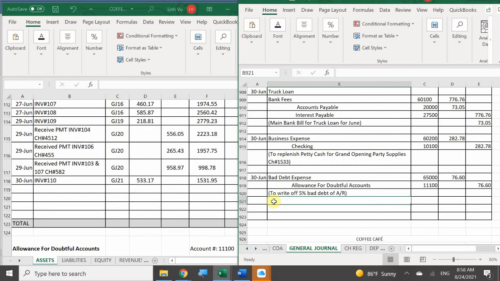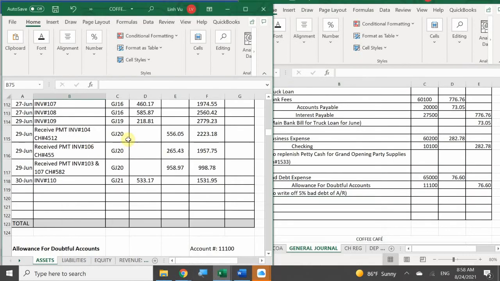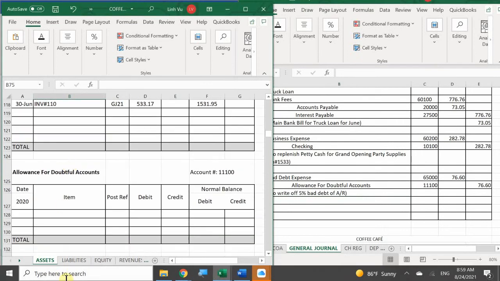So let's go ahead and fill in our numbers here. Okay. Ledger. Let me see.